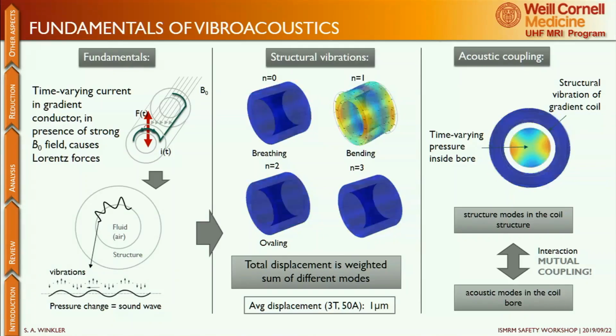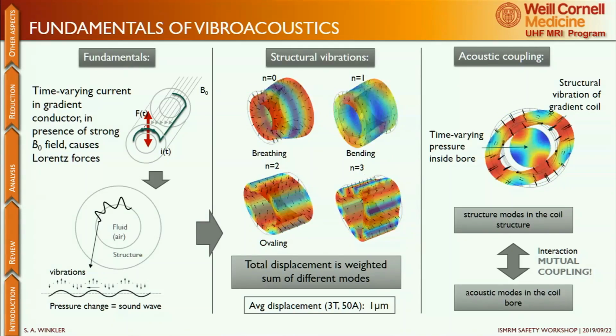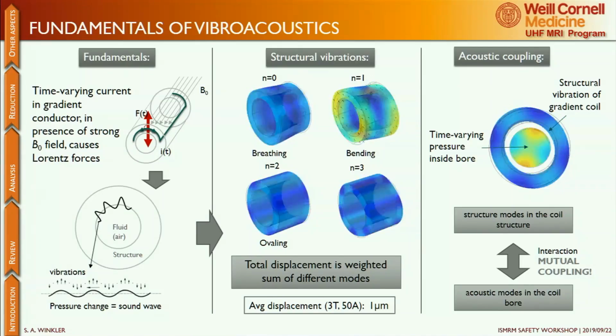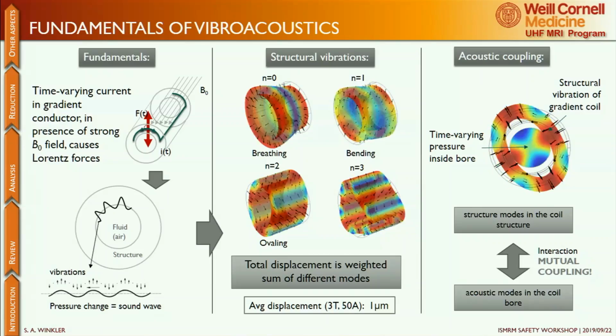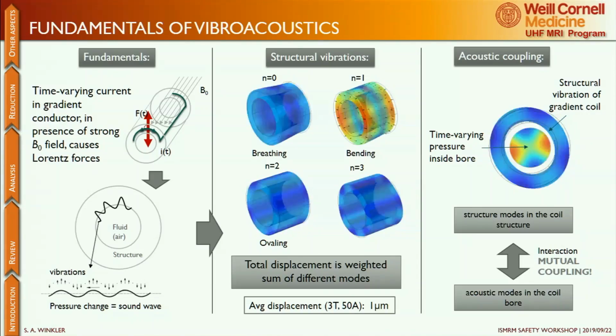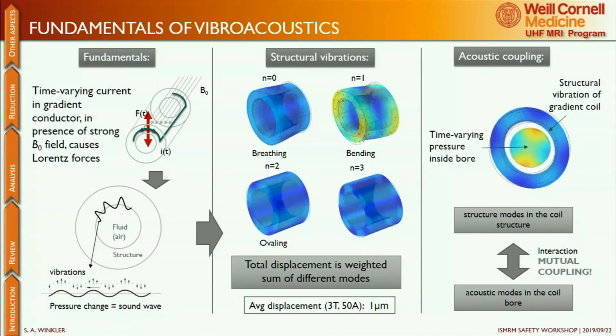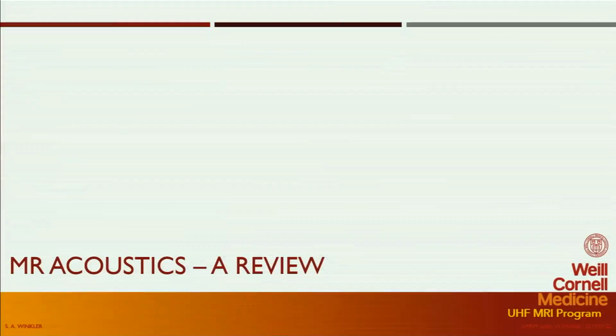Now, these structural vibrations come in different modes, and basically the spectrum is then a weighted sum of these different vibrational modes. And then what happens is that the shell presses on the air in the bore and causes this acoustic sound wave to form.